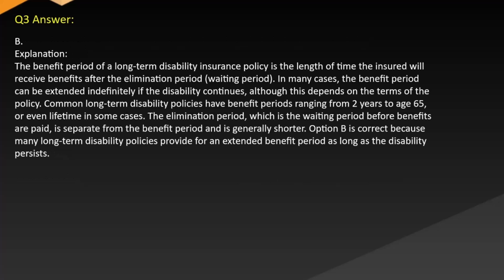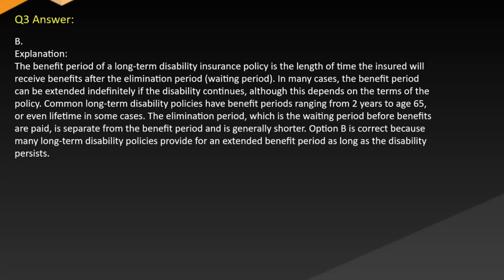Answer. B. Explanation. The benefit period of a long-term disability insurance policy is the length of time the insured will receive benefits after the elimination period, or waiting period. In many cases, the benefit period can be extended indefinitely if the disability continues, although this depends on the terms of the policy. Common long-term disability policies have benefit periods ranging from 2 years to age 65, or even lifetime in some cases.